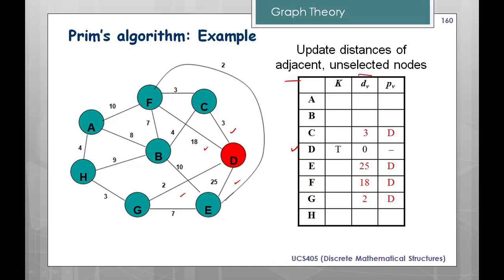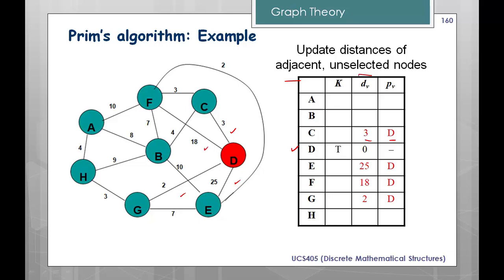First, the distance of C node is 3, and the previous node is D, because we are going through the D node. Right now we can't decide whether it is in the tree or not. We will update this value later, whenever we select that node. Right now we are not selecting those nodes. We are just updating the distance.